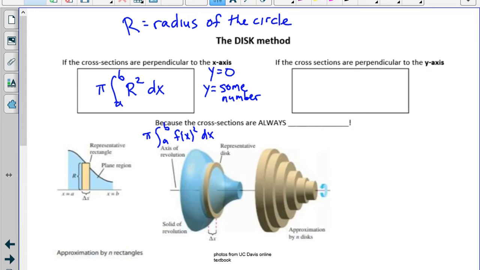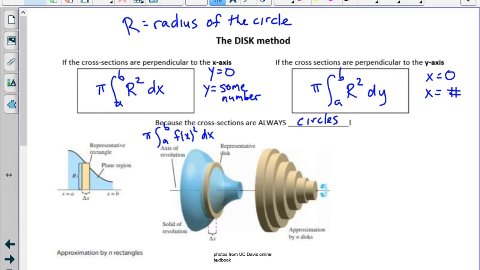If they are perpendicular to the y-axis, or the line x equals 0, or x equals some number, we have the exact same situation where we make sure that the radius is exactly what it is, but we have dy. These are because the cross sections are always circles.